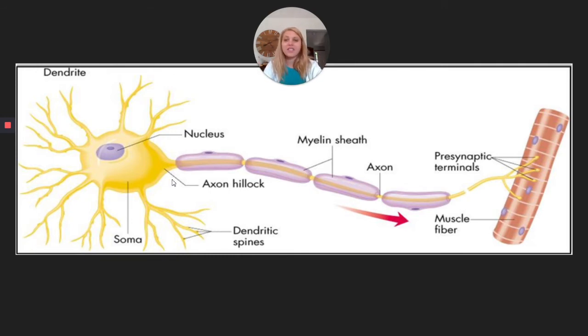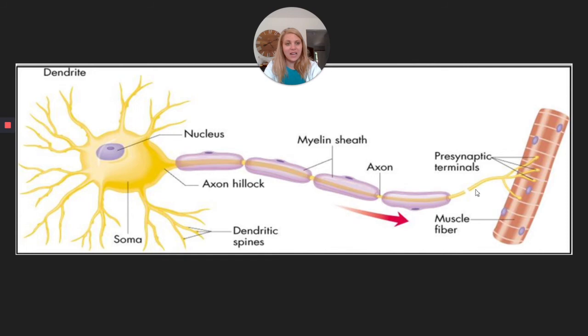But then I have this long part of my neuron. And the longest part of a neuron is going to be known as the axon. It is the axon. So you can see in the diagram, the axon is in yellow here. You can see it goes inside of another type of fiber, if you will. And that is our axon.